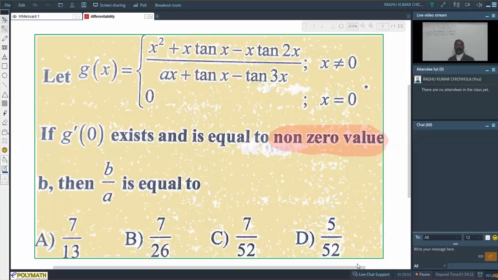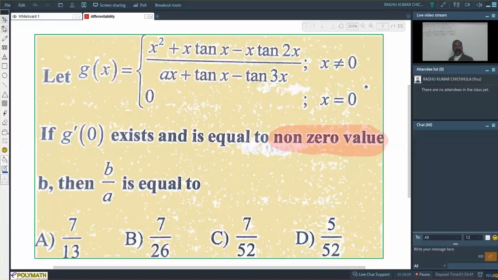Let us take this question on differentiability. g of x is equal to (x square plus x tan x minus x tan 2x) whole divided by (ax plus tan x minus tan 3x) if x is not equal to 0, and is equal to 0 if x is 0.